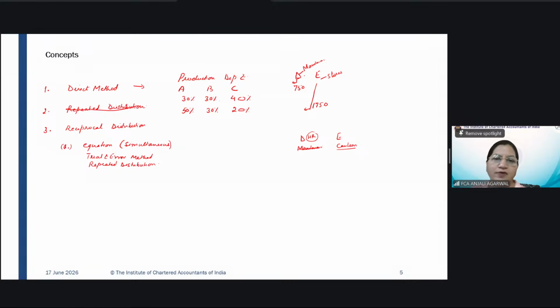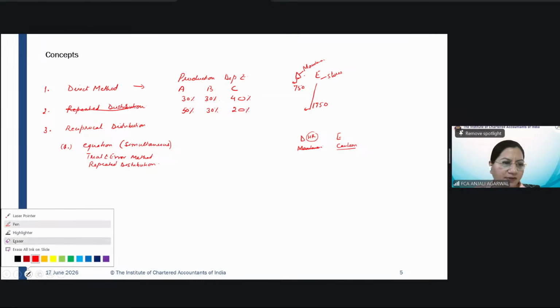So this is how you will charge the expenses of the service departments to the production departments. When there is reciprocal, you can charge it using simultaneous equation, trial and error, or repeated distribution. This one is a step method.